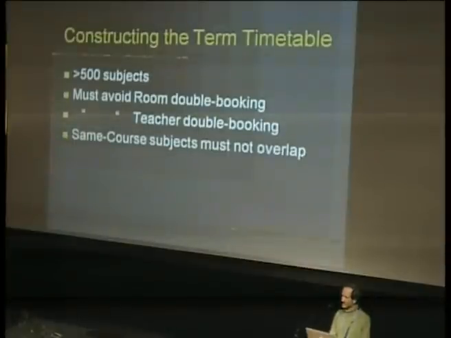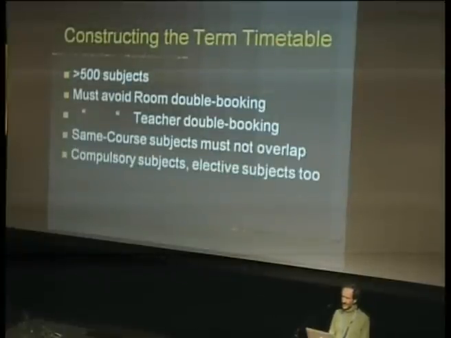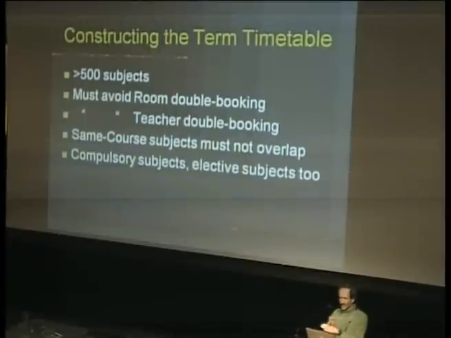And there are a few different courses in the university which we should try not to overlap, as well as getting compulsory subjects available for the students to go to. And the elective subjects across different courses should be available as much as possible, which is impossible.